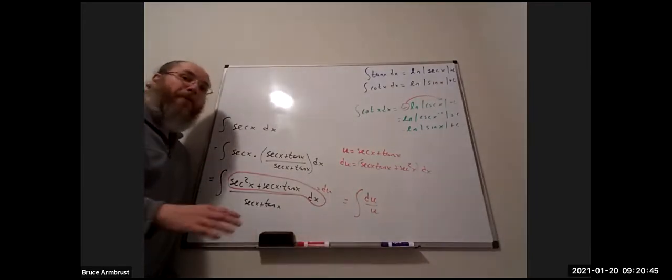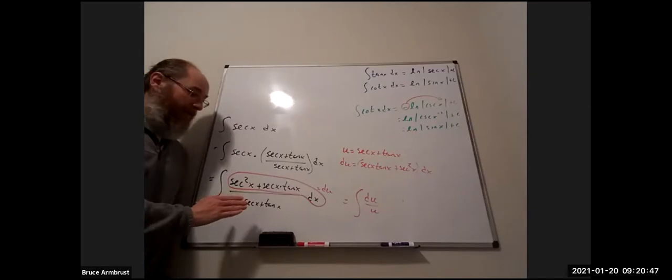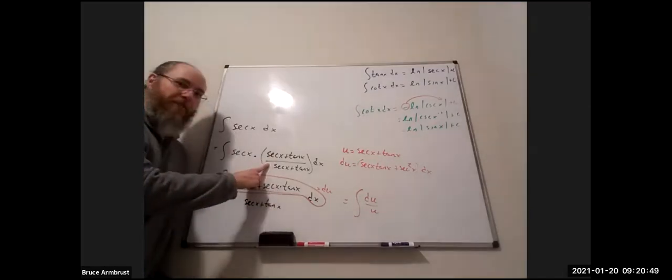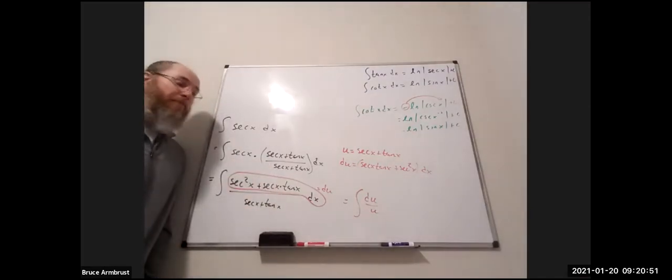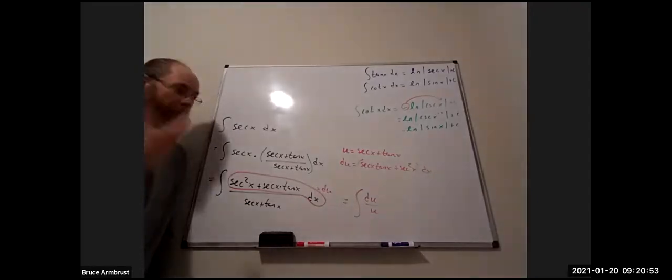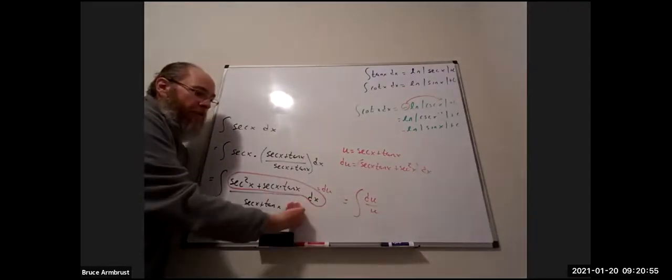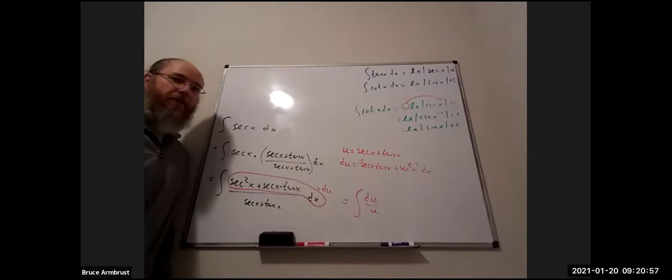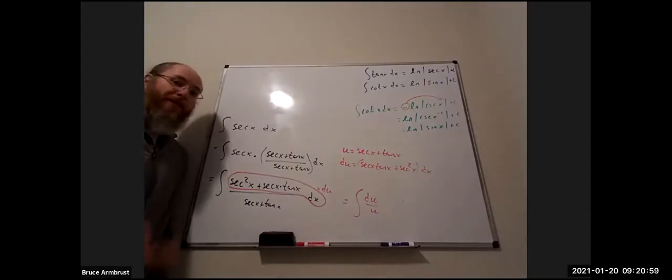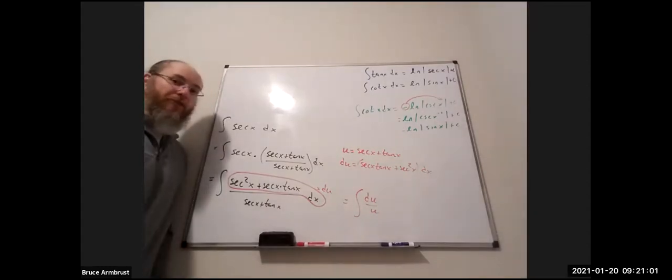All right, so again, miracle step. Seeing this, multiplying by secant plus tangent on top and bottom. But it does turn it into a form that when we do substitution becomes just du over u, which means its integral is just going to be a natural log.